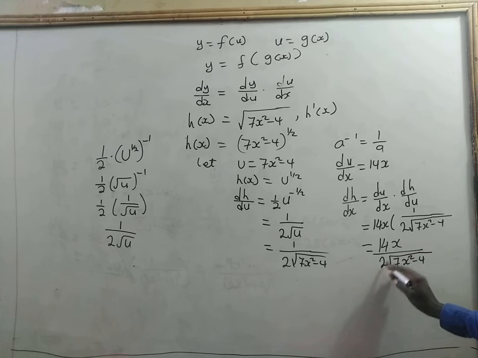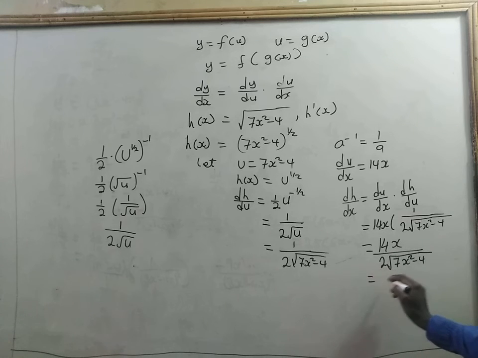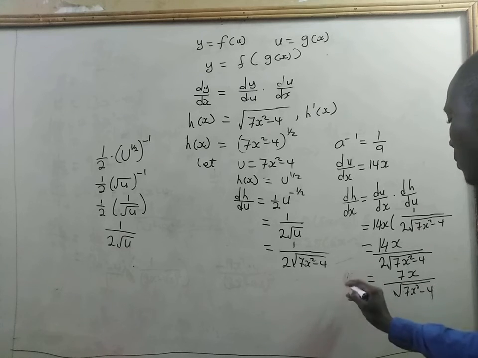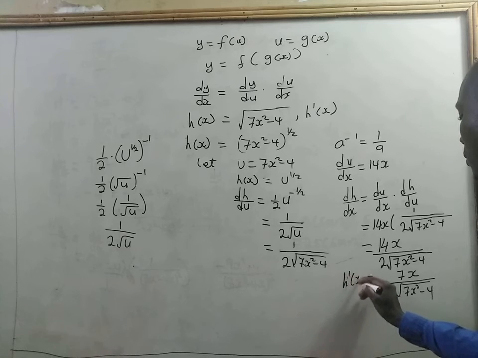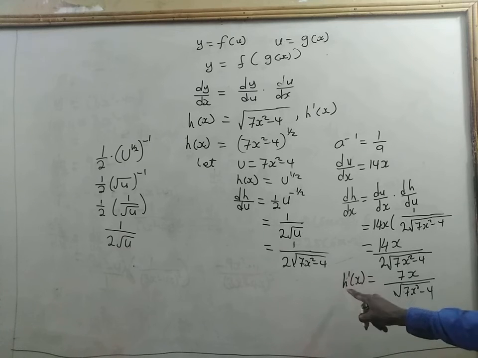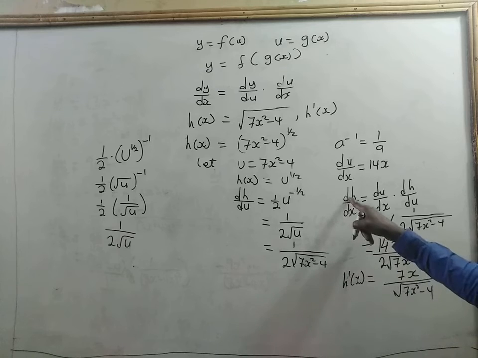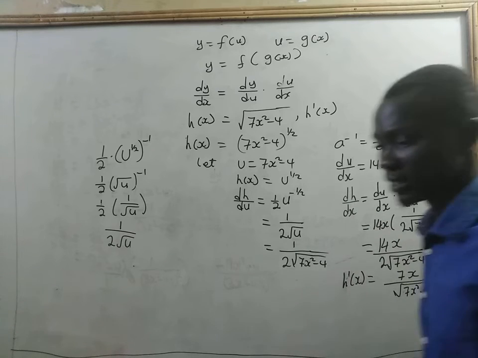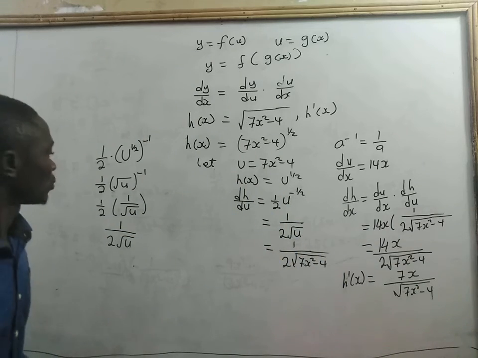Now here, these two can divide 14. So we'll be left with 7x divided by the square root of (7x squared minus 4) as our h prime of x. H prime of x means the derivative of h with respect to x. Very, very simple as that. Let's take the next example.